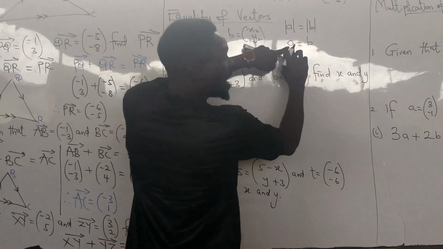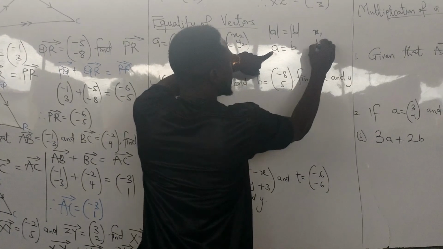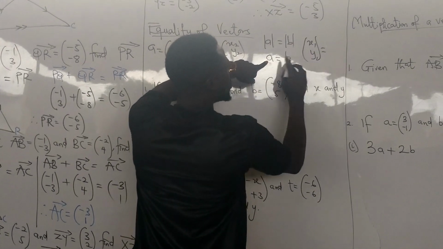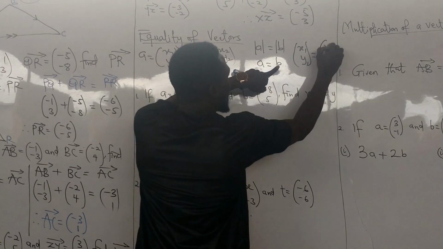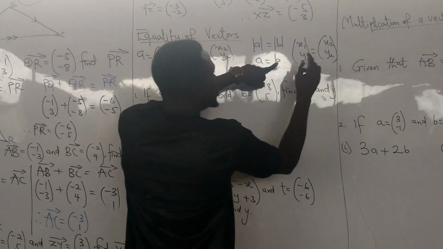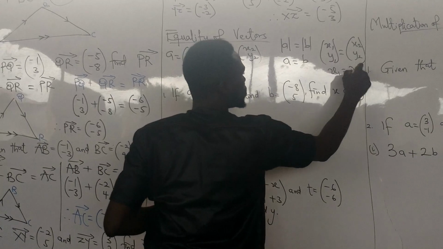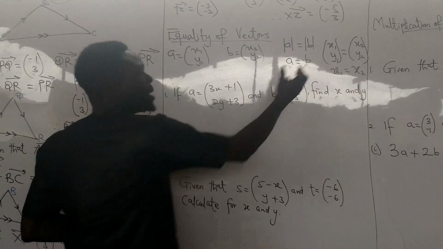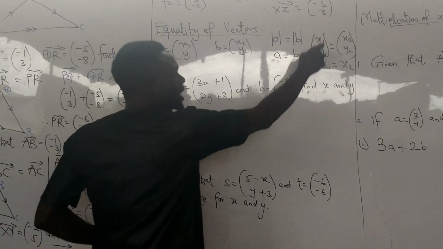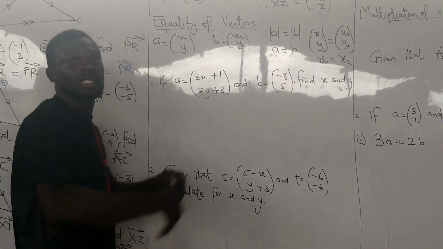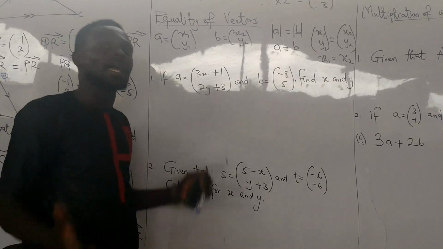So vector A is (x1, y1), which is equal to B, which is (x2, y2). So you equate this value to this. So x1 is equal to x2. The same thing, y1 is equal to y2. Then we say the two vectors are equal.